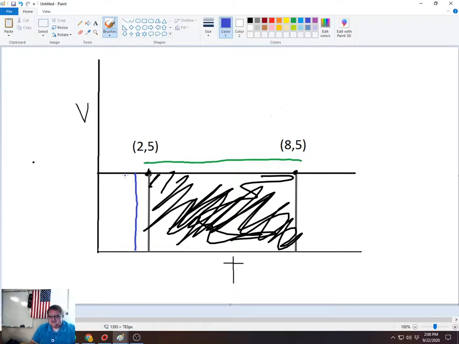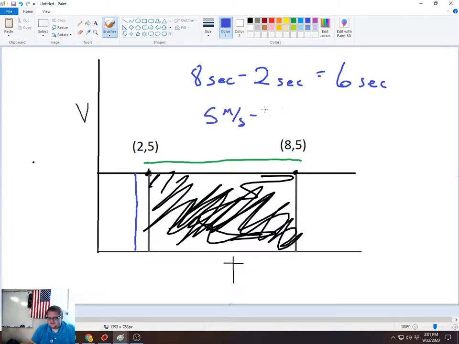The area in this case would be this length here, the green one, which is from 2 to 8 on the x-axis. So the total length would be 8 seconds minus 2 seconds, which is simply 6 seconds. And what's the height? On the y-axis, it goes from 0 meters per second to 5 meters per second.